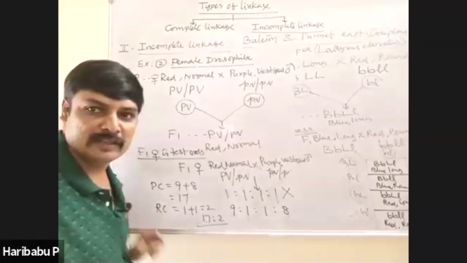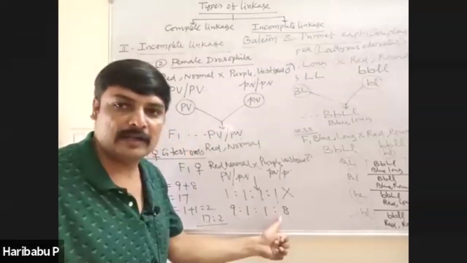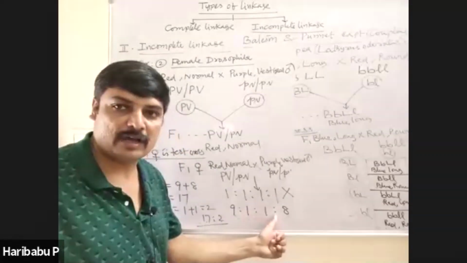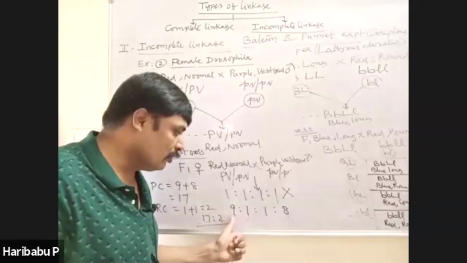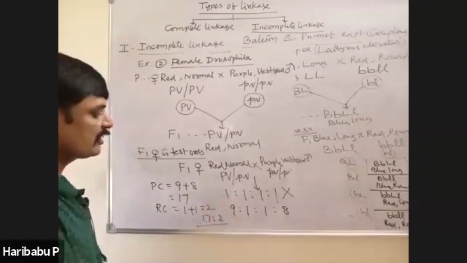So based on the analysis of this, we can say that along with parental combinations, recombinations are also produced, but more parental combinations and fewer recombinations are produced in this case.